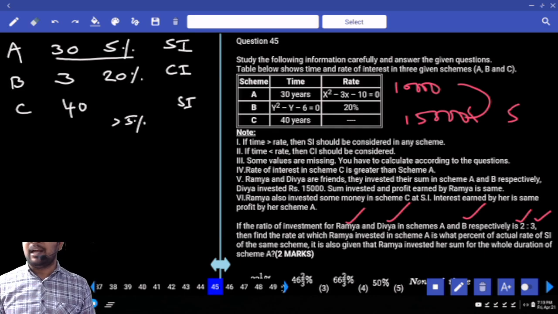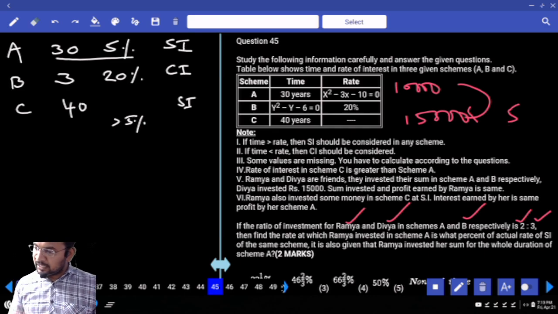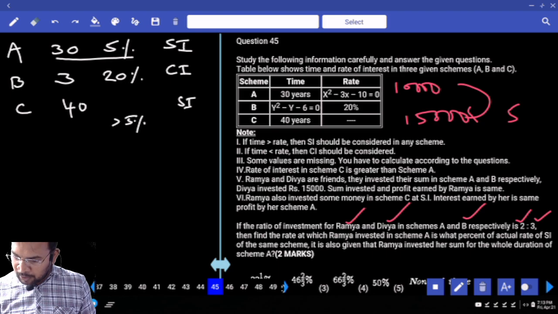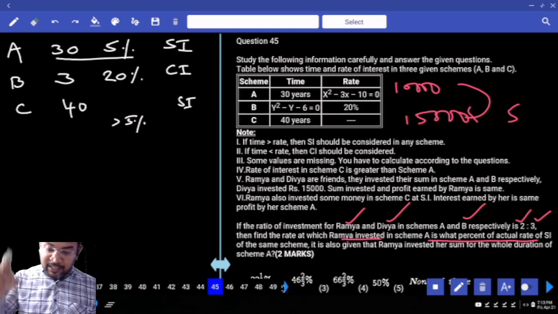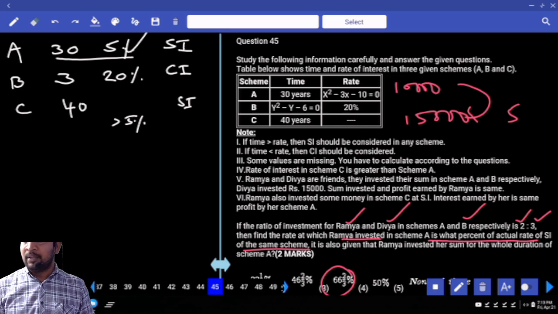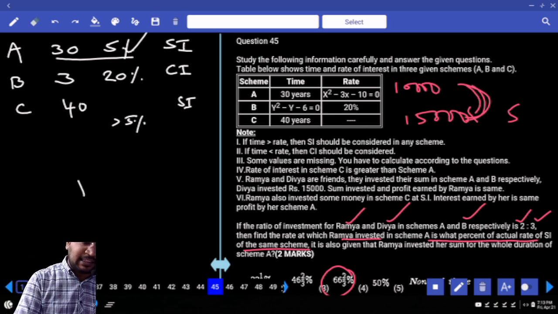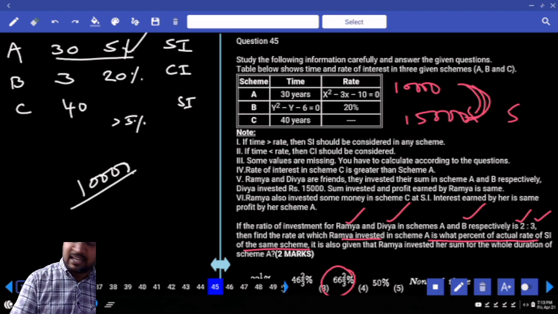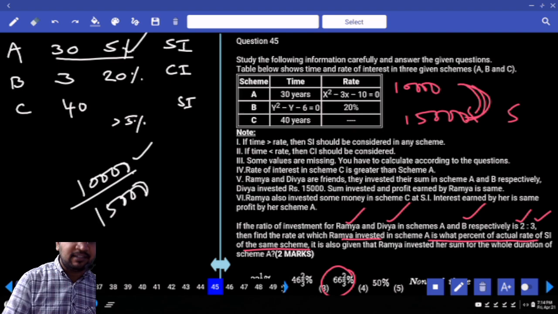Here they're asking, what the question? Ramya's invested scheme A is what percentage of actual rate of same scheme? If you observe carefully here, how much less? Compared to the original rate of interest, how much less? 10,000, but really they are getting how much? 15,000. What interest should we get? 10,000 only, because Ramya's investment is 10,000.